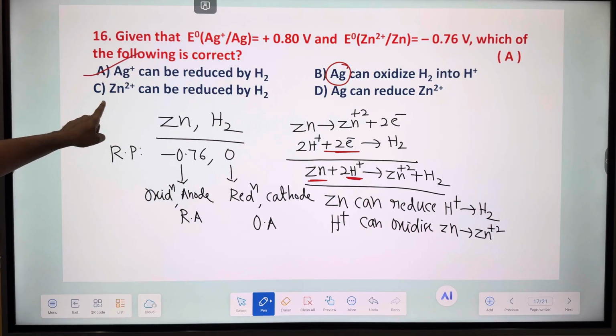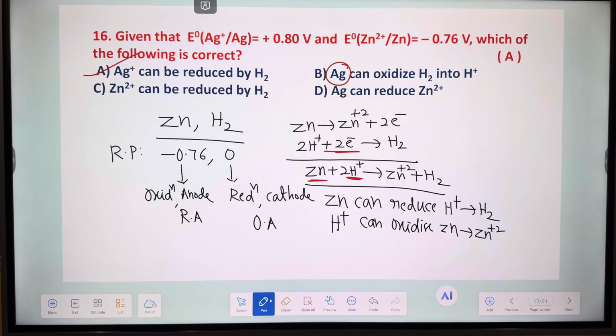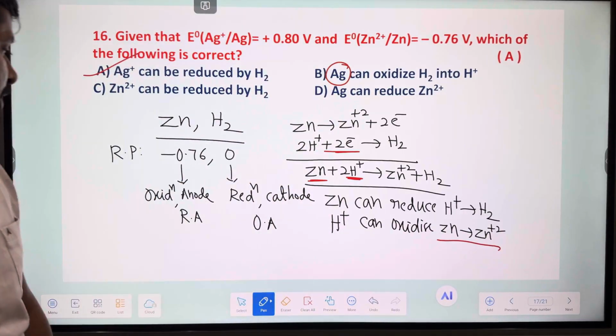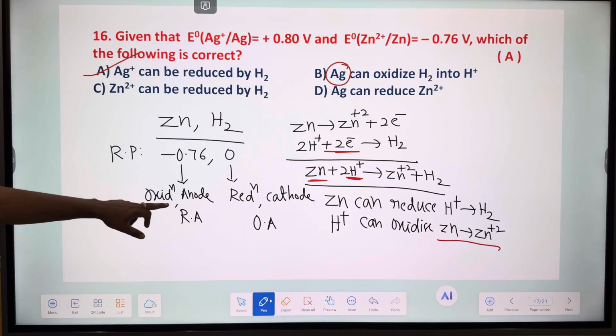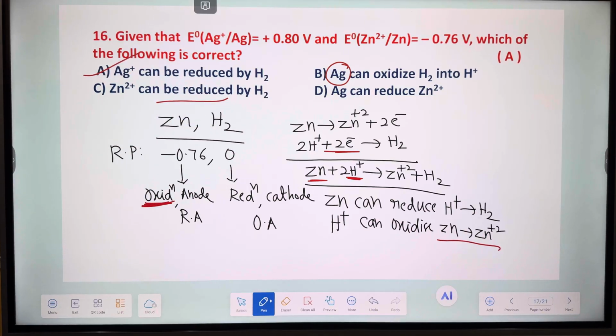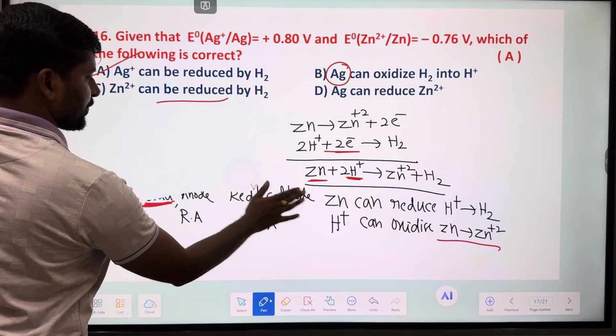But what is given: Zn2+ can be reduced by H2. Zinc is oxidized by H2. Zinc itself is involved in which reaction? Oxidation reaction. But a reduction reaction is given for zinc, so that is not correct. Not correct. Okay.